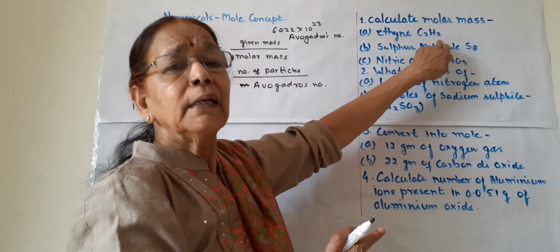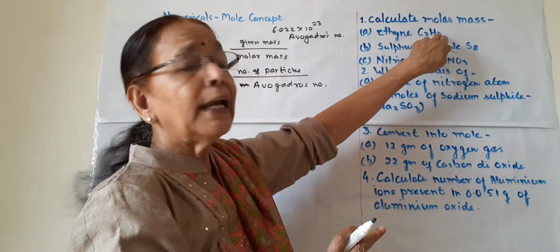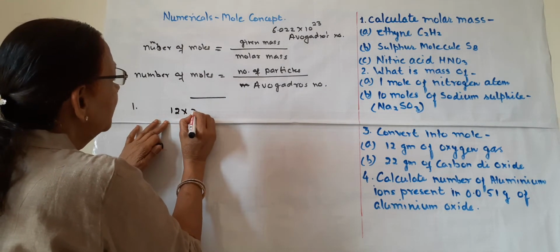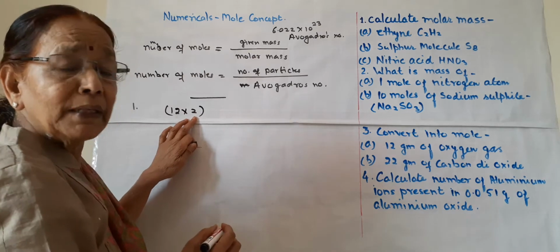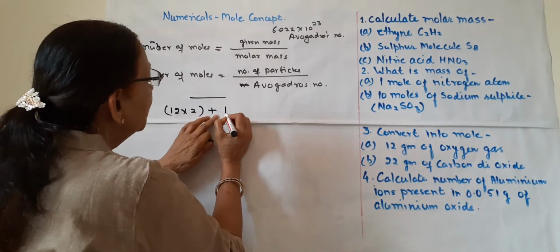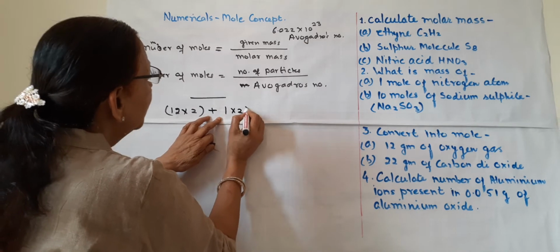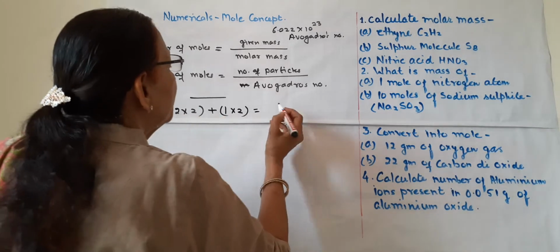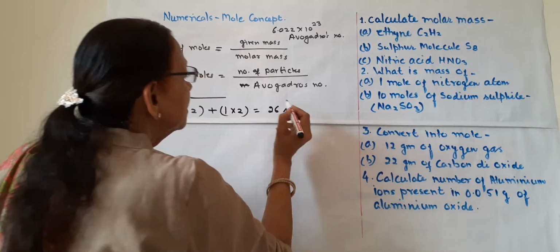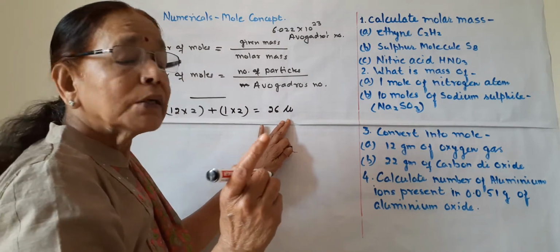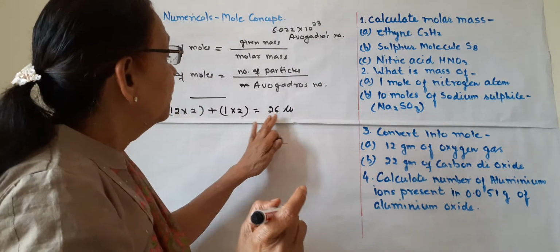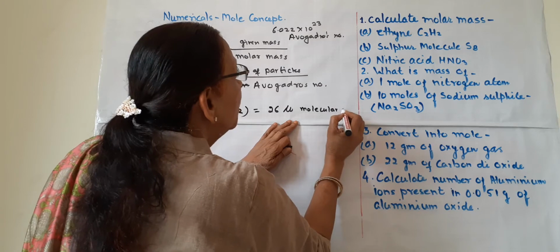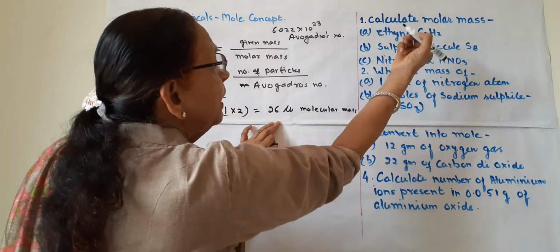By adding the atomic mass of C and H. So atomic mass of C is 12, and as two atoms are there, this is to be multiplied by 2, plus atomic mass of hydrogen is 1 and two atoms are there, so it has to be multiplied by 2. So 2 and 24. It means 26U is the molecular mass of ethyne.